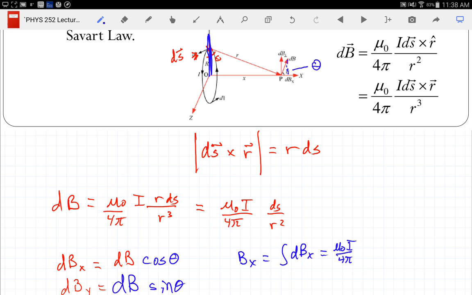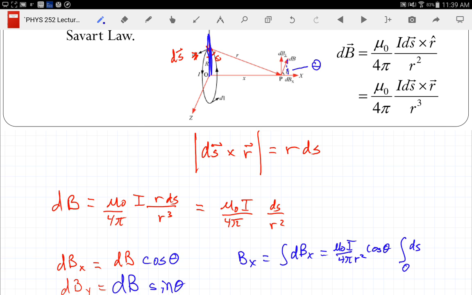No, the r is going to be the same in all cases, so I can bring the r squared out here. What about the theta? Is theta a variable? No, it's going to remain constant throughout. So I can bring the cosine theta out as well, and then I'm just left with the integral of ds.